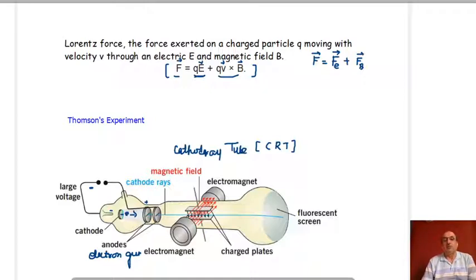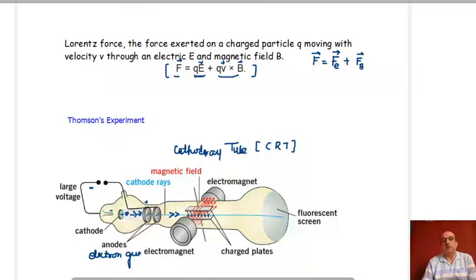Inside this tube, the anodes are grid type, just like a net. The electrons are accelerated by the electric field between anode and cathode, and they move toward the grid of the anode, that is the net of the anode, and because of their high kinetic energy, they come out in the form of cathode ray.